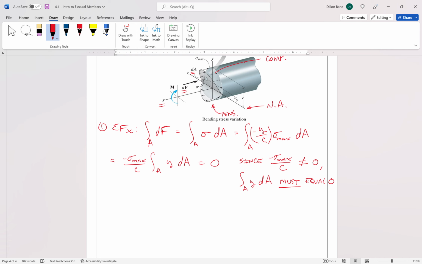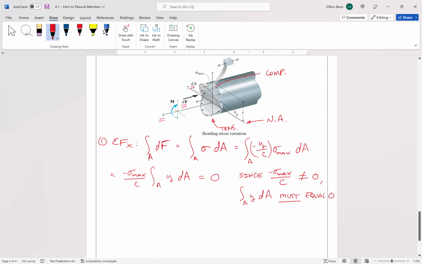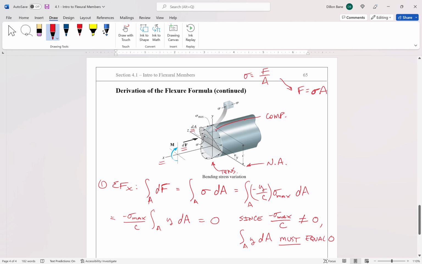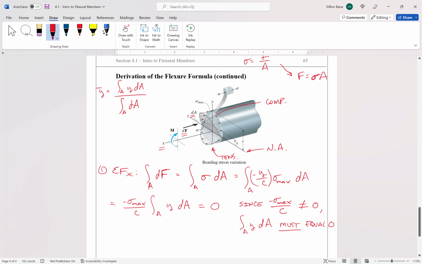Another point to make on this derivation, if you may recall from your statics, if there are any statics nerds out there, is our centroid equation: the integral over the area of y dA over the integral over the area of dA.